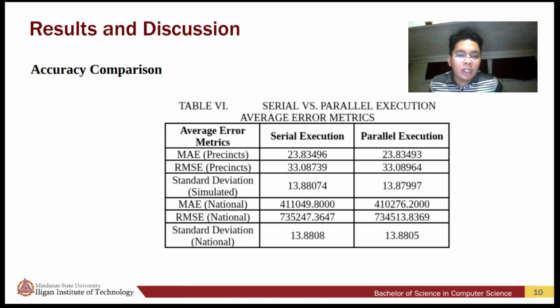There are minimal differences in the error metrics of the results that the serialized and parallelized executions have produced.